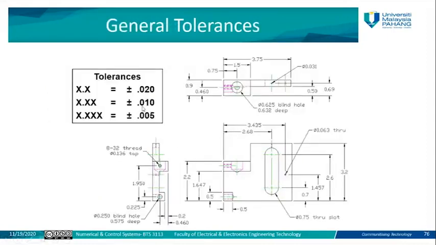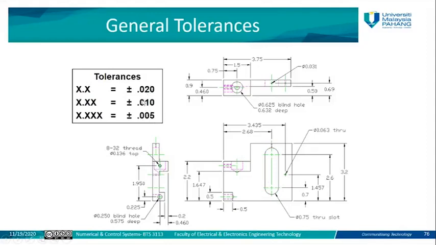For the one that we talked about here, where one digit is 0.02, two digit is 0.01, three digit is 0.005, this is when we talk about the general tolerance, okay? So when you already have a tolerance, whatever the value is, is it 0.1, is it 0.2, is it 0.005, maybe 0.003, these are not fixed values.